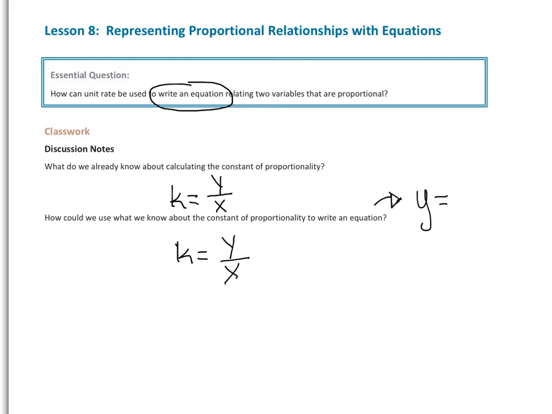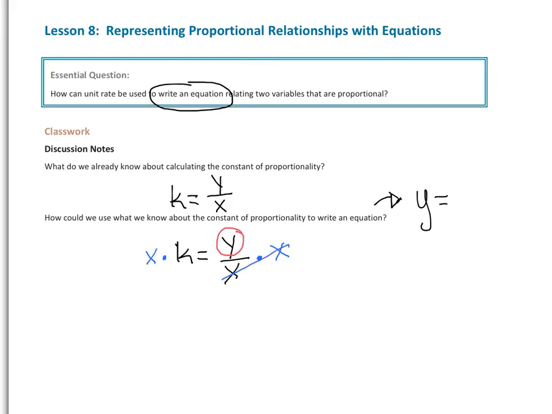Our goal is to isolate y, or to get y all by itself. In order to do that, I have to get rid of this divided by x. If you remember solving equations from last year, to undo an operation, you have to do the inverse operation. The opposite of division is multiplication, so I'm going to multiply both sides by x.